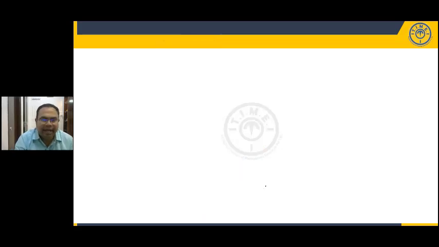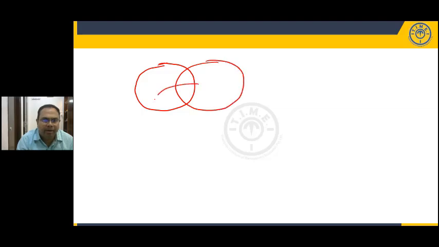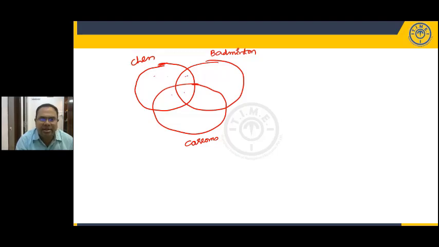Now, if I put the diagram like this, chess, badminton, this is chess, this is badminton, this is caroms. This is four regions together. This region is only chess.